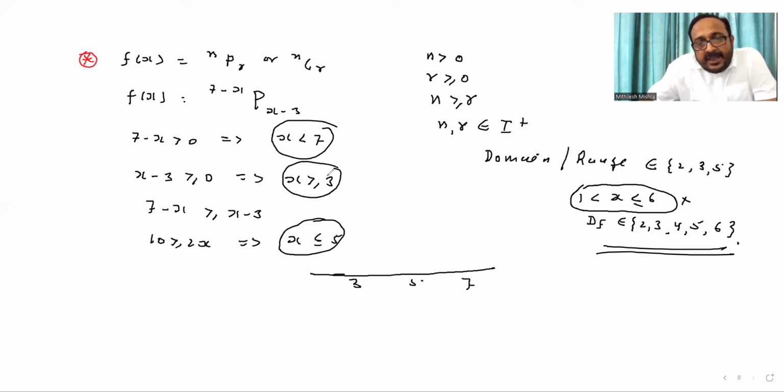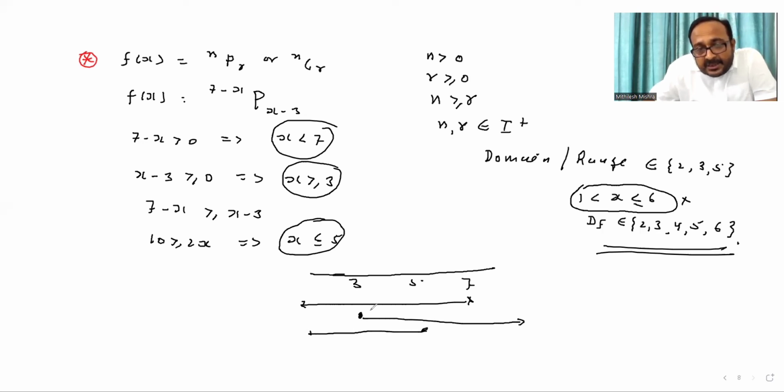Right? x less than 7 will be the result. x greater than or equal to 3 will be the result. x less than or equal to 5 will be the result. So the common portion is from 3 to 5. So x belongs to 3 to 5.